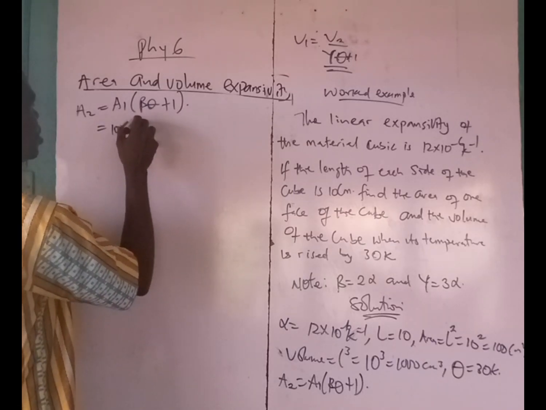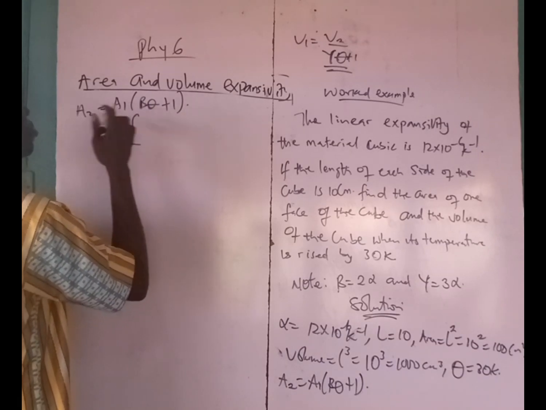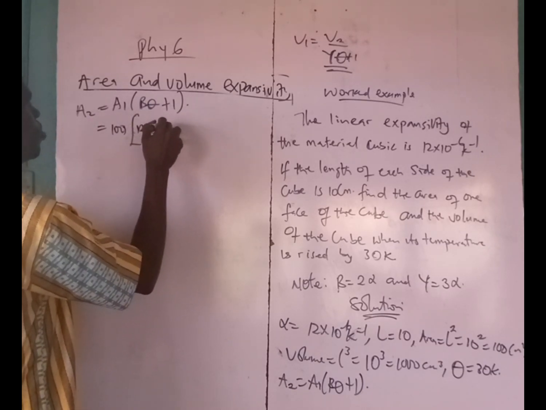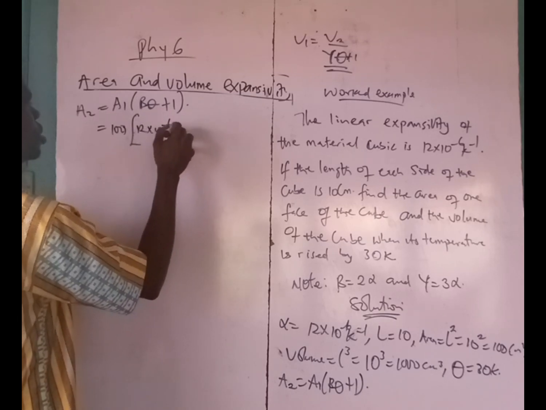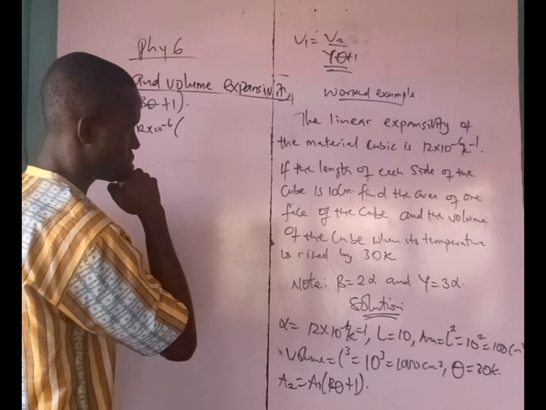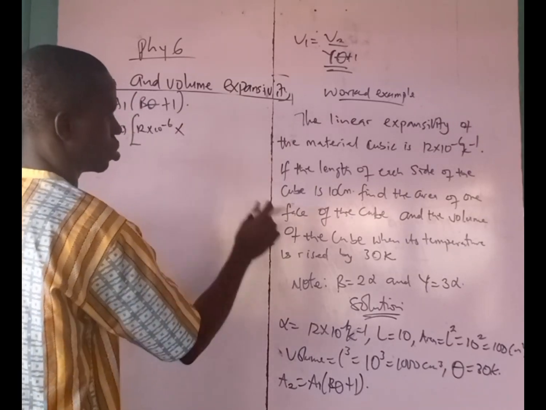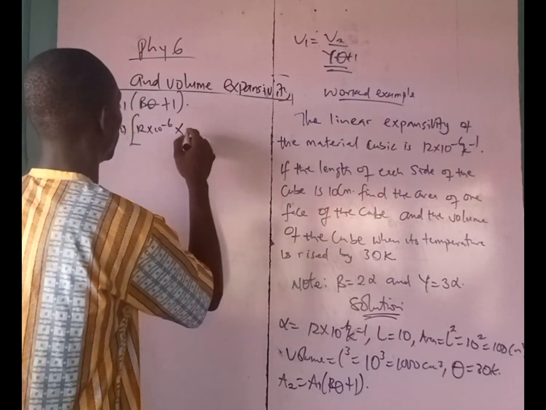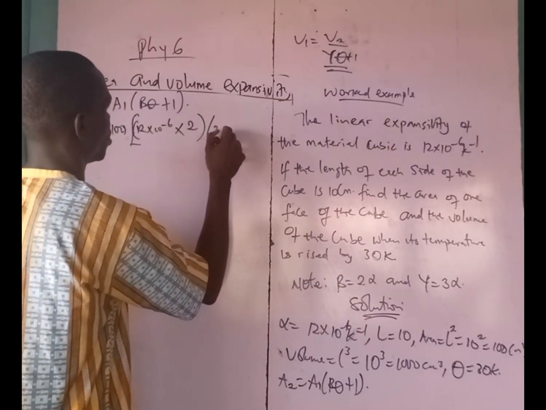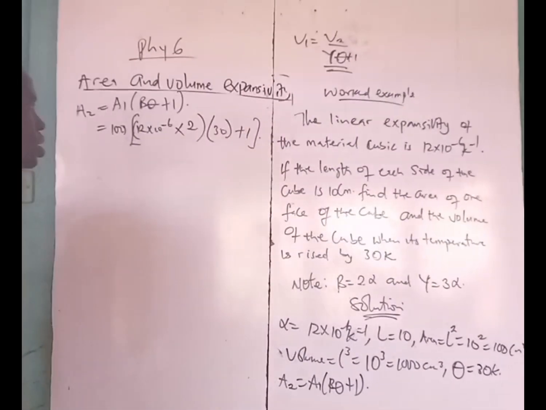Beta, let's use this type of bracket. Beta is 2 alpha times theta plus 1. I hope you understand what we are doing.